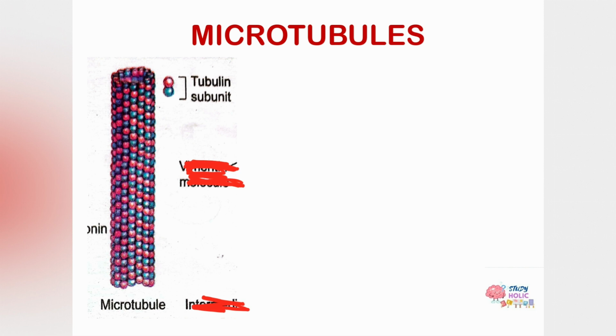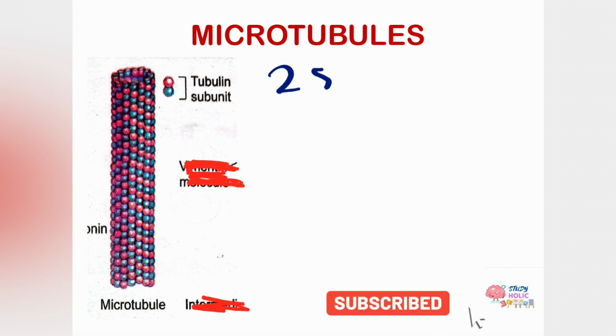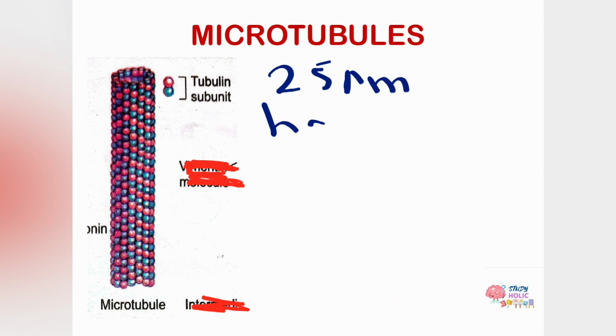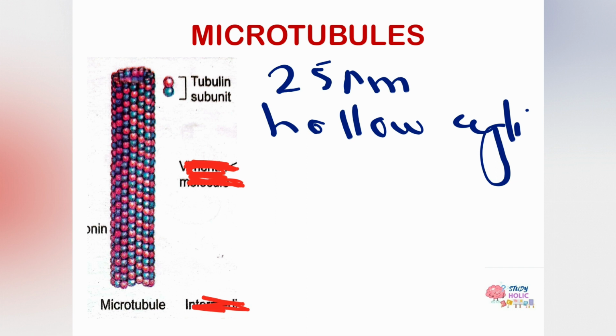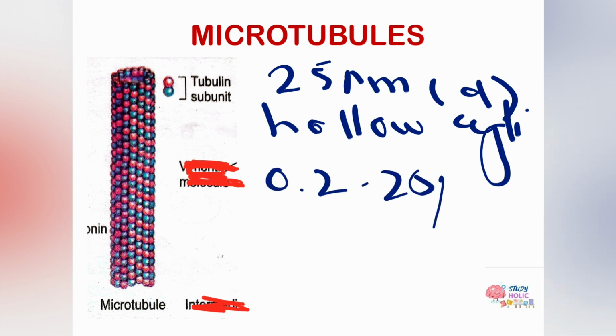So the microtubules are basically hollow cylinders and they are about 25 nanometer in diameter and about 0.2 to 25 micrometer in length.